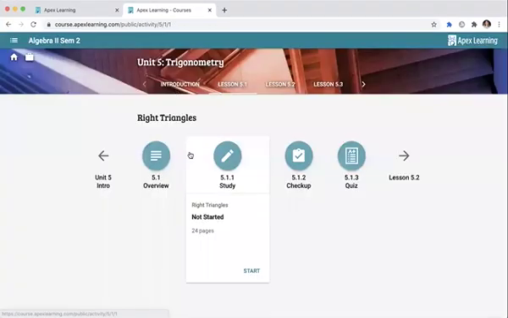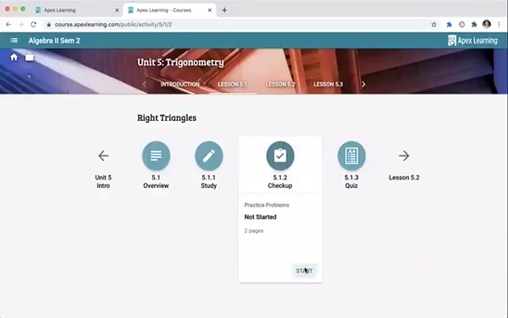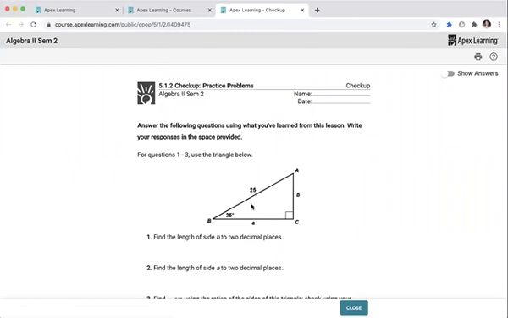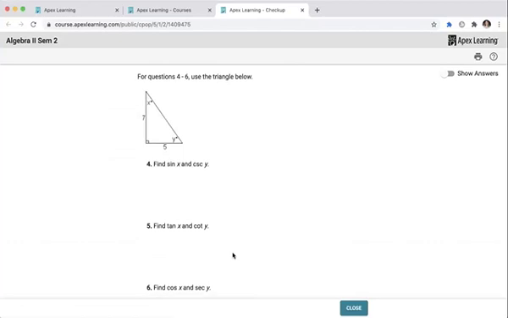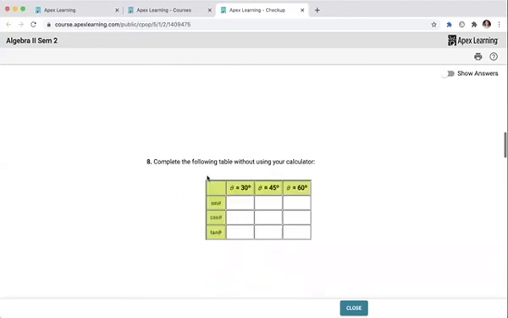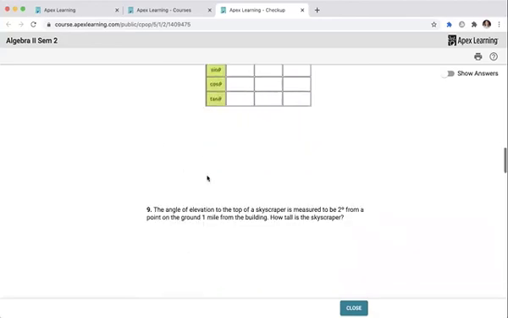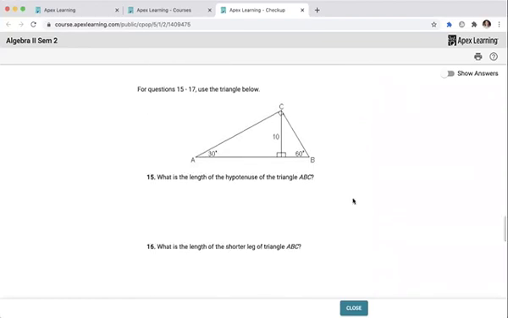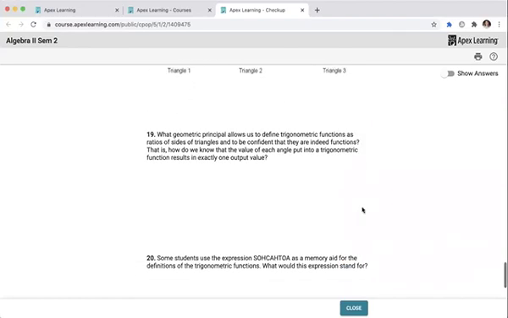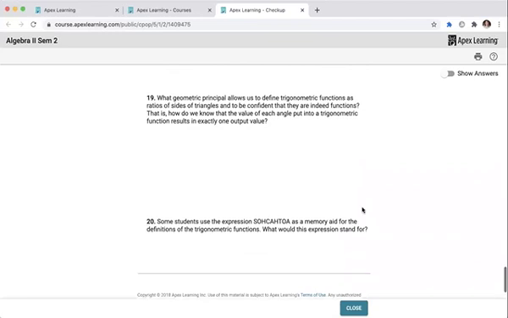And then finally, our checkup is a lot more practice problems about solving for our different lengths. So finding the different lengths of our triangle, really making sure that you have your calculator skills down, and understanding the relationship between those trigonometric functions here. So really looking at some of these problems here. And again, all it's essentially boiling down to is right triangles.